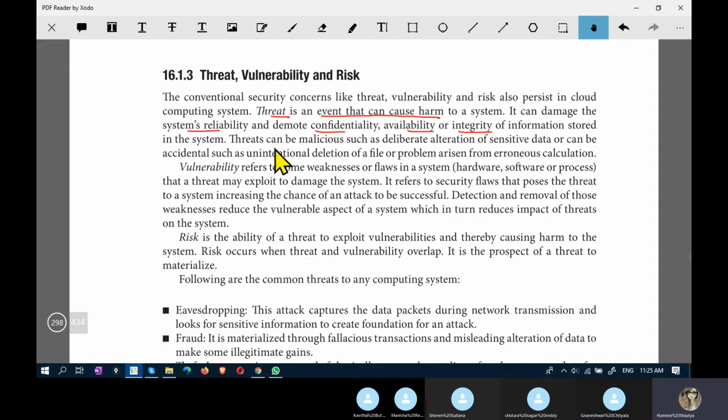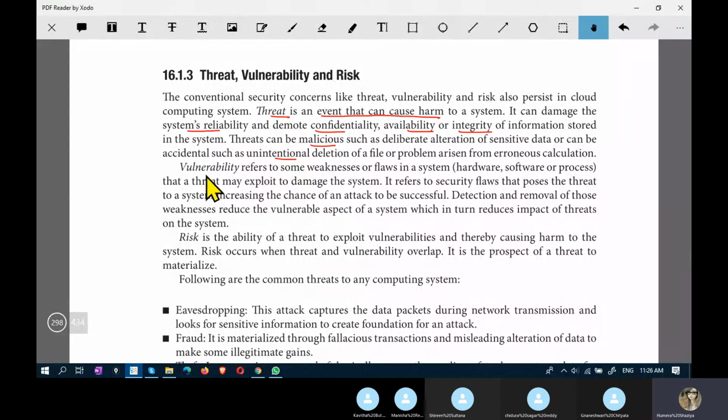Threats can be malicious, in the sense that somebody is doing it deliberately to cause harm, and sometimes it might be unintentional. For instance, your friend deletes an important file, not knowing that it will cause some harm to you. It's unintentional.